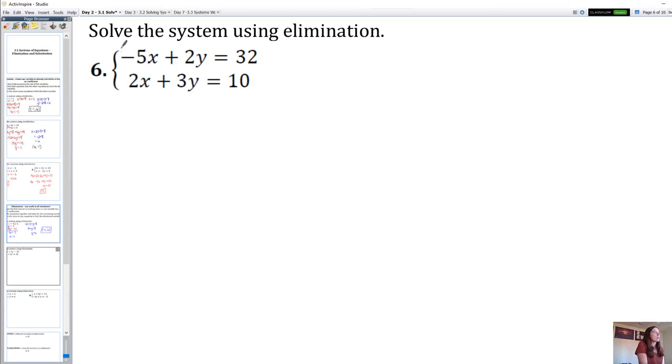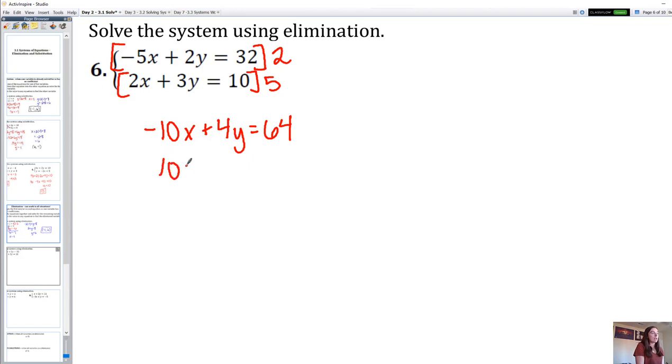So what that looks like, I want my x's to have opposite coefficients, so I'm going to multiply the top one by 2 and the bottom one by 5, because when I do that, once I multiply the top by 2, I have negative 10x plus 4y equals 64, and on the bottom I have positive 10x plus 15y equals 50.